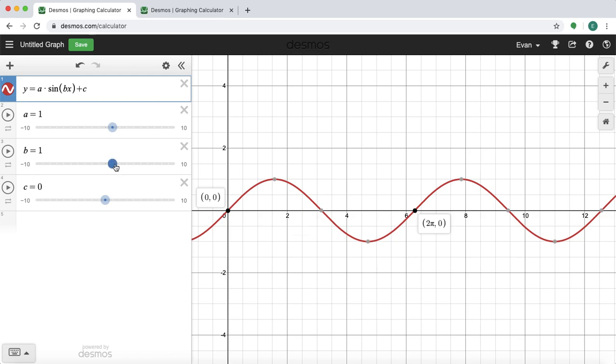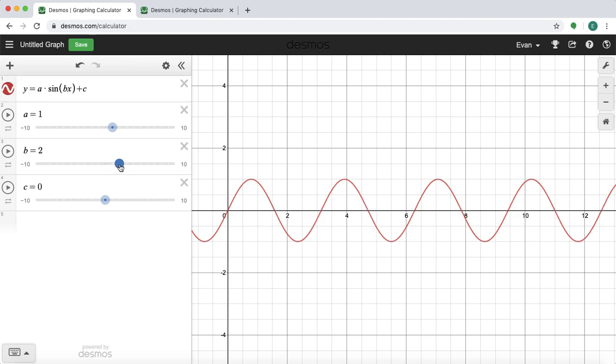When I make B equal 2, it scrunches it all together, horizontally speaking, and now if I go up, down, and back, okay, now pi radians is my period length. So when I make B 2, my period length shrunk in half.